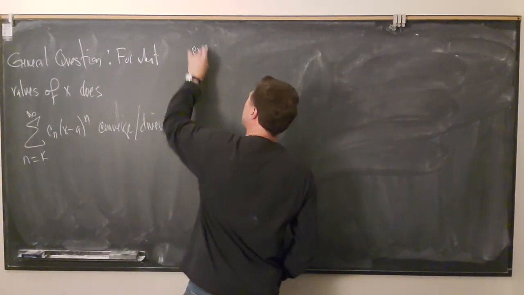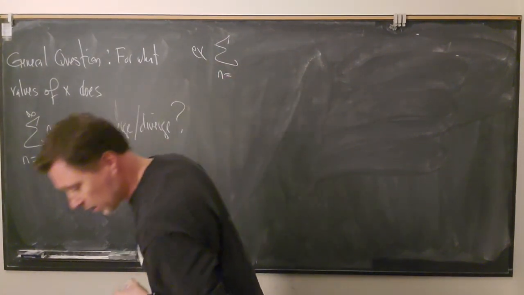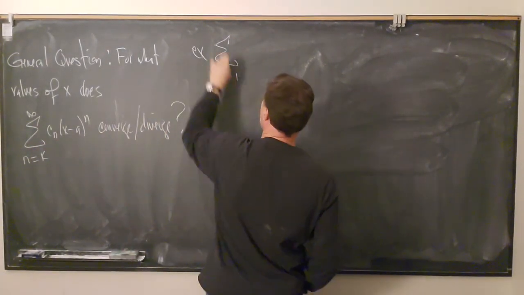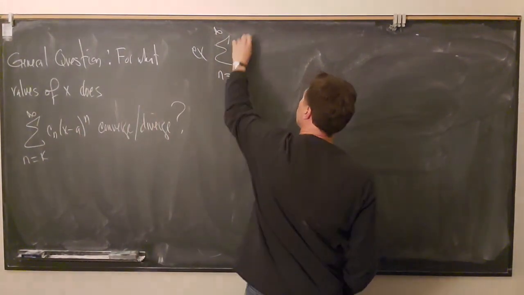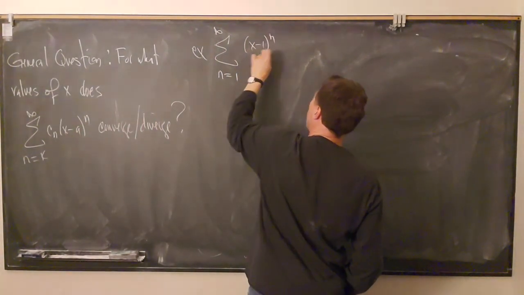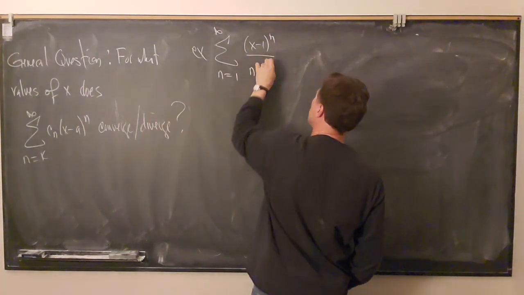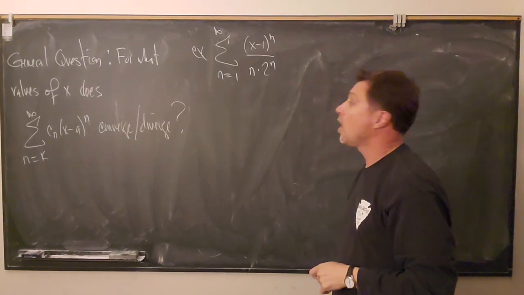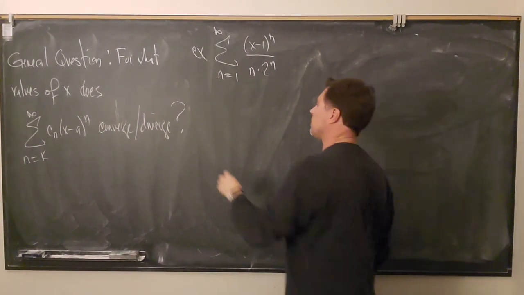So let's look at the same example I was doing a minute ago. That was the sum from n equals 1 to infinity of x minus 1 to the n over n times 2 to the n. All right, so our question is, for what values does it converge or diverge? And I'm going to apply the ratio test.